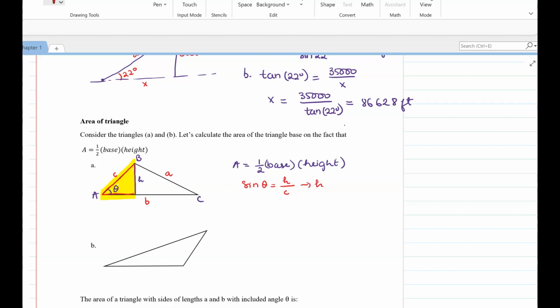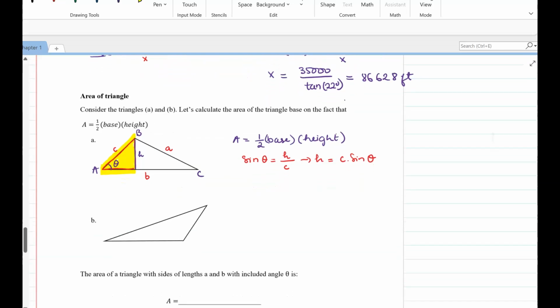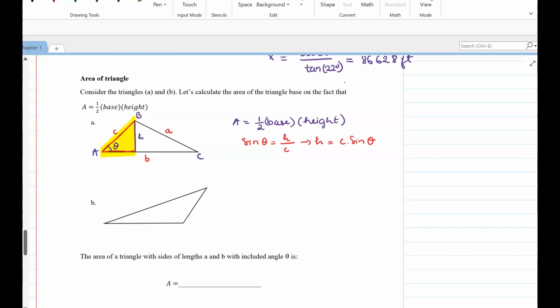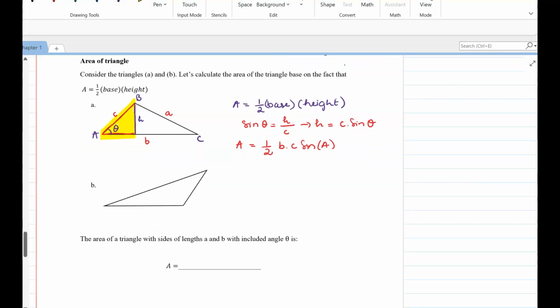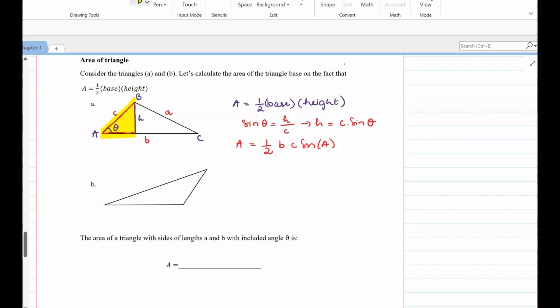So then h is equal to c times sine of theta. So in this triangle ABC, the area equals 1/2 times the base, which is b, times the height, which is c sine of theta, or sine of A, the angle A. Now, that is the formula that we just came up with for an acute triangle.